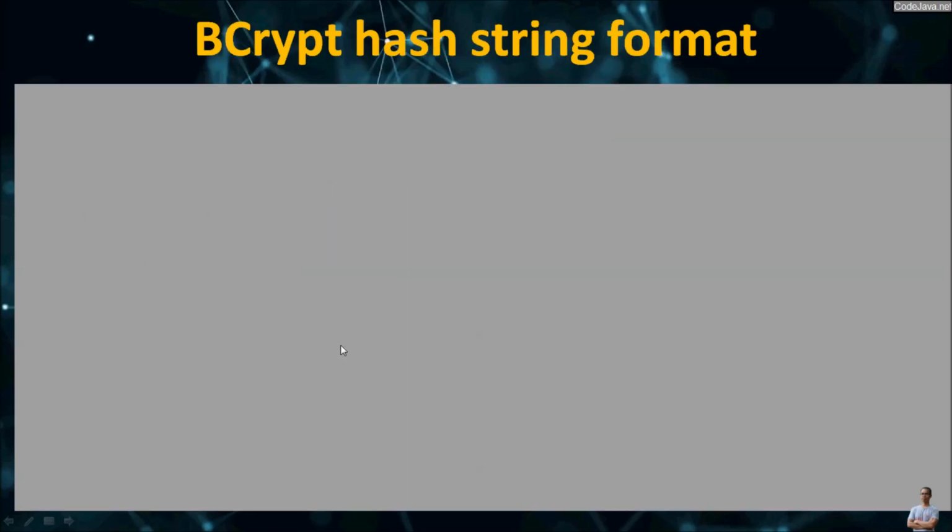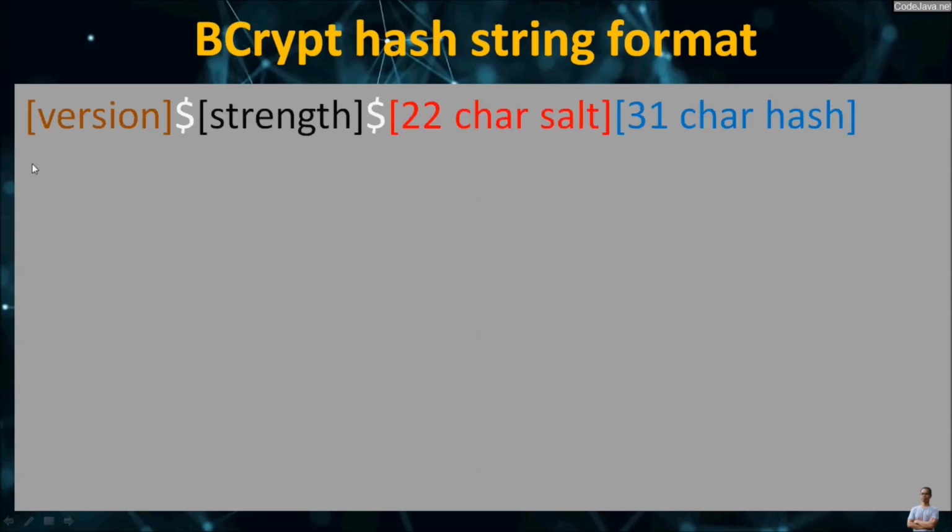Now let's understand the format of the hash string produced by BCrypt. The prefix is a version followed by a dollar sign and the strength of the algorithm, a dollar sign, and the next 22 characters is a salt, and the last 31 characters is the hash value of the magic ciphertext.